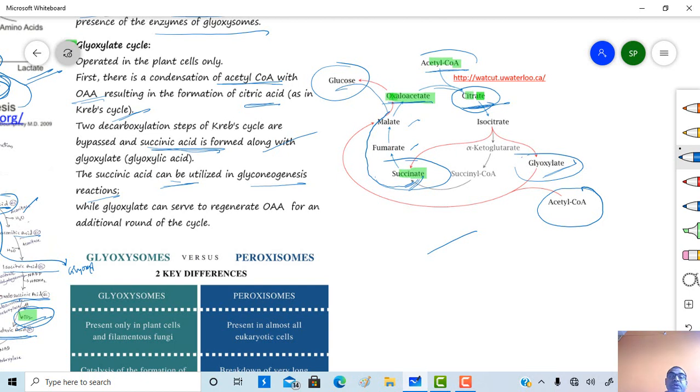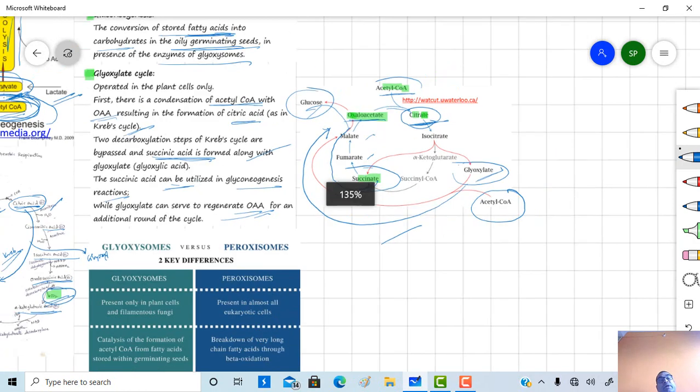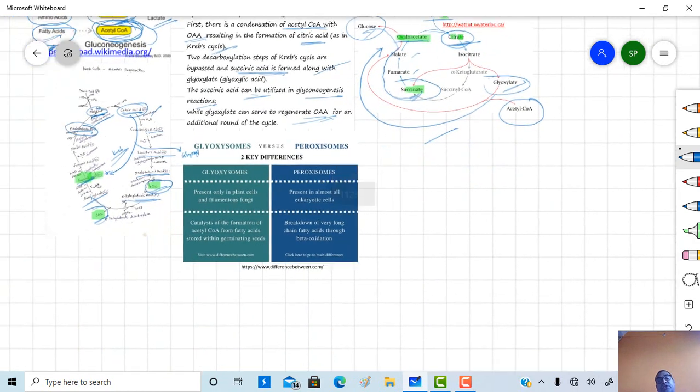These are the steps where again glucose is produced, while glyoxylate can serve to regenerate oxaloacetic acid for an additional round of the glyoxylate cycle. So these are the functions played by the glyoxylate.